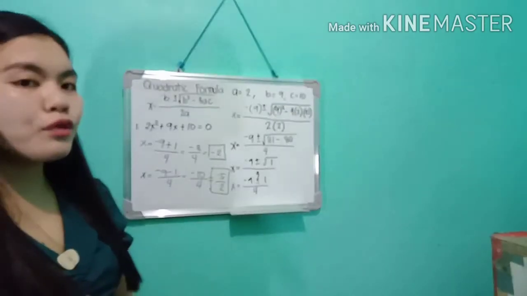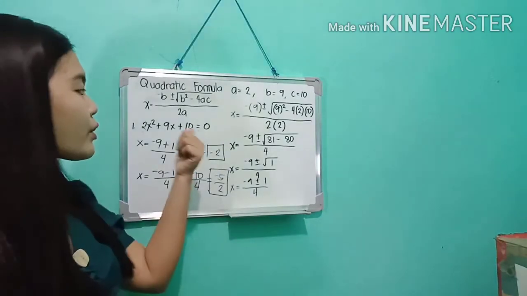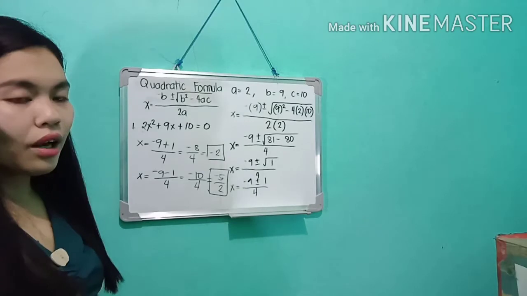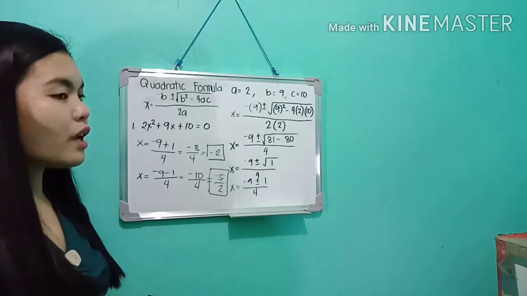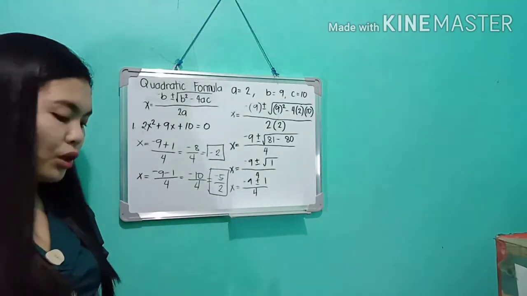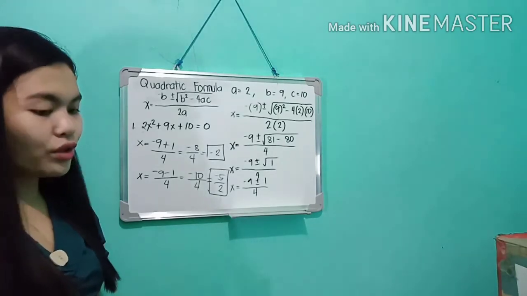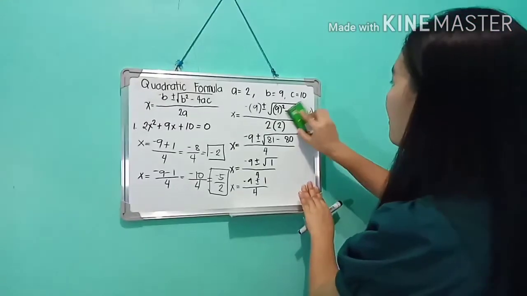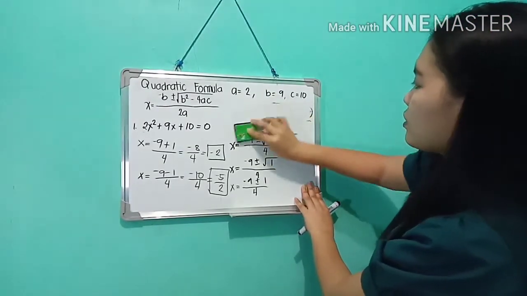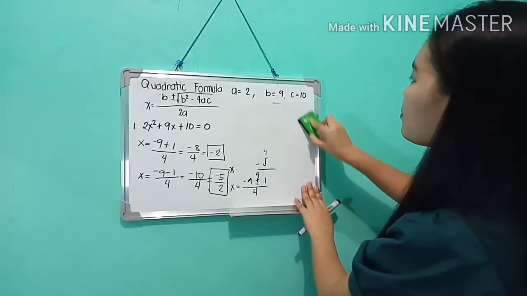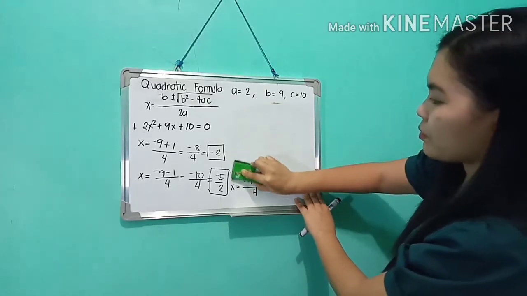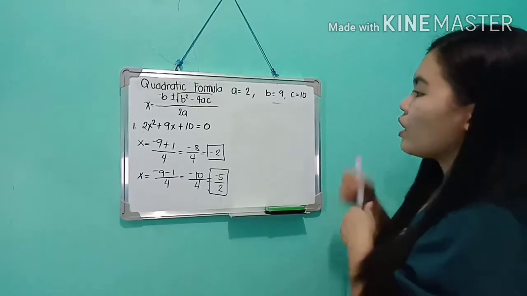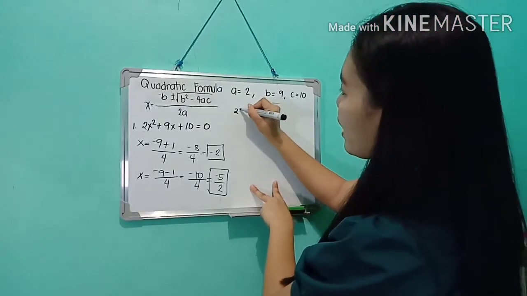If your answer comes out 0 is equal to 0, then the values of x are the roots of the equation. So I'll show you how to check. Let's erase this one. Alright, so let's write the equation again.